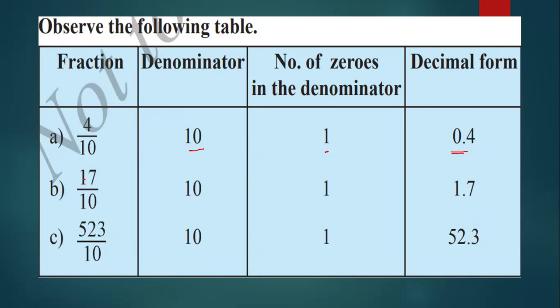Similarly, 17 by 10, denominator is 10. Number of zeros 1. In decimal fraction 1.7. 523 by 10. Denominator is 10. Number of zeros in the denominator is 1. This is 52.3.